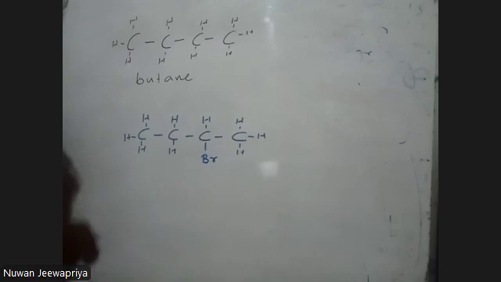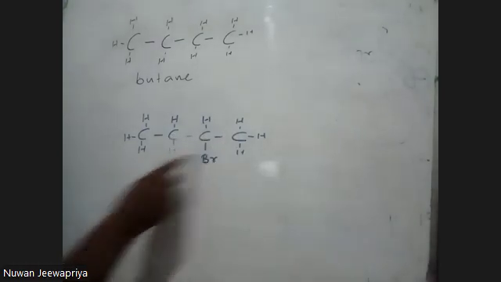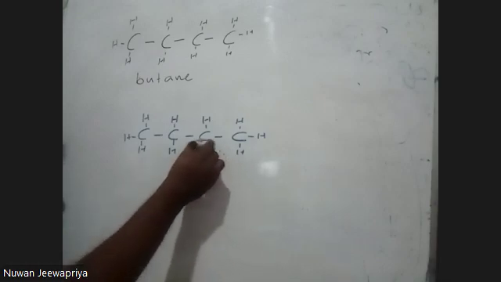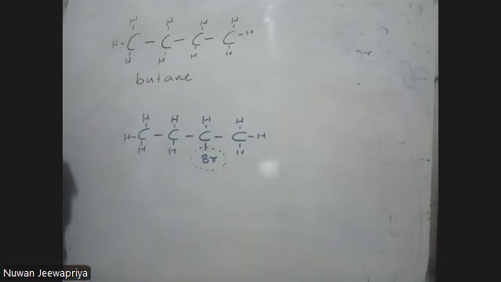So now you remember the rules. Find the longest carbon chain: 1, 2, 3, 4. And give the numbers in a way that the branch or functional group gains the lowest number. Here my branch or functional group is Br, so I have to give the lowest number to Br.